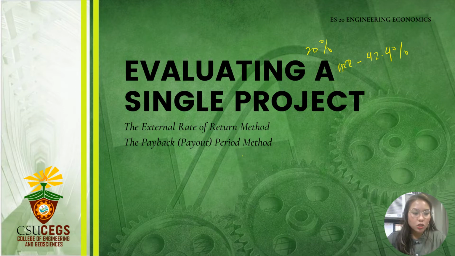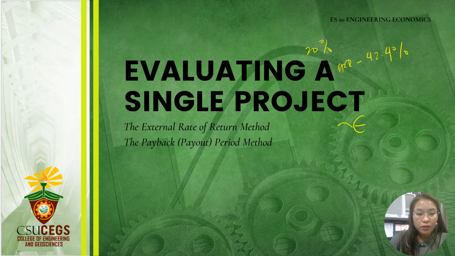One such method is the ERR method. It directly takes into account the interest rate, represented by this E, external to a project, at which net cash flows generated or required by the project over its life can be reinvested or borrowed.